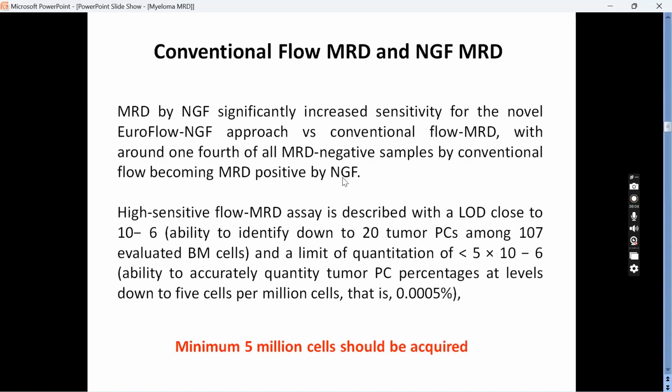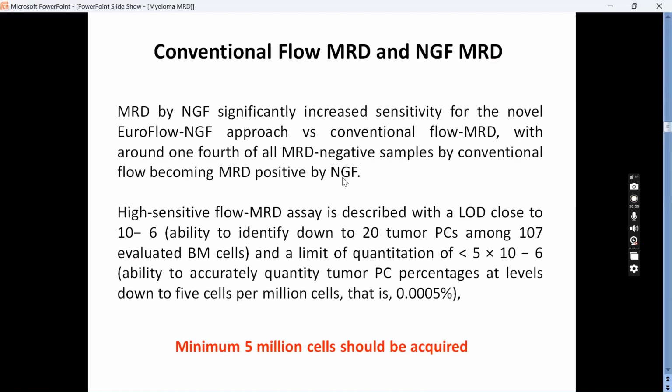Okay, so when I say MRD positive or negative, what is the cutoff here? There is no cutoff. When you find disease confidently, it is MRD positive. It is not like your B-ALL MRD or T-ALL MRD where you have a cutoff. For example, in B-ALL MRD, with respect to the BFM protocol, we call MRD positive when the disease is greater than 0.01%. Correct? Similarly, for AML MRD, we call it positive when the disease is more than 0.1%.